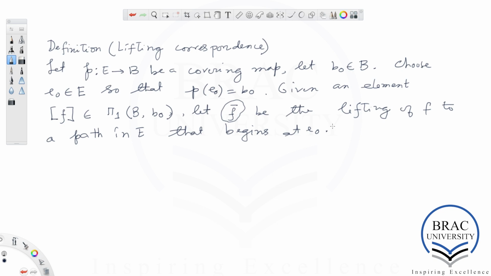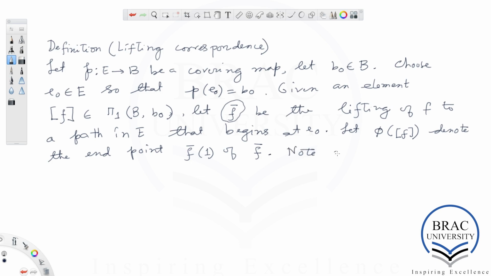Okay, let phi of the class of F denote the endpoint F bar of 1 of F bar.